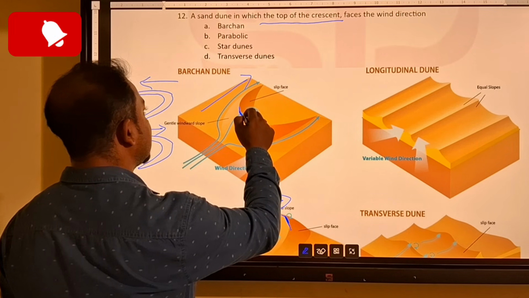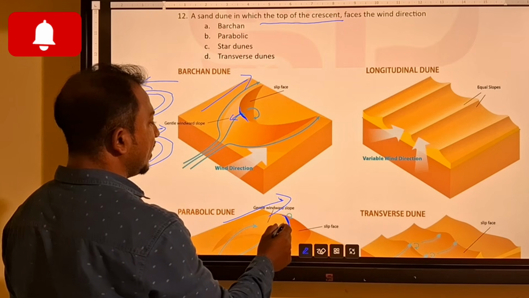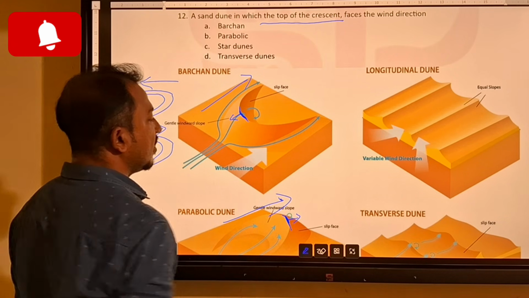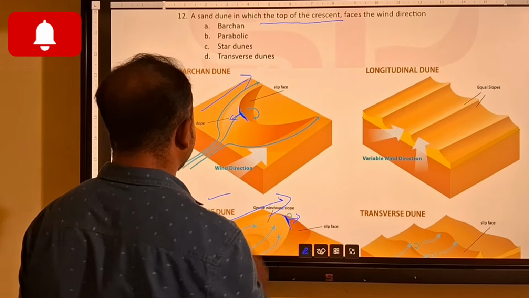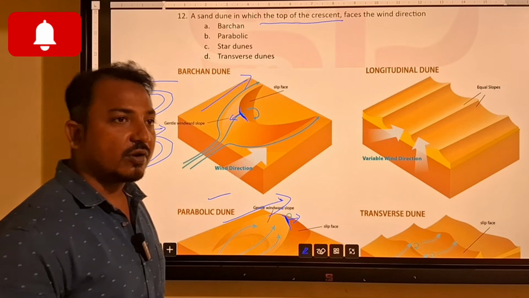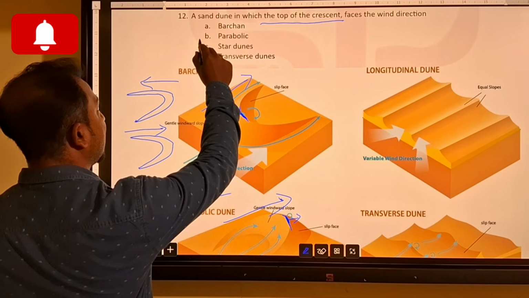So this is the top of the crescent: here it is opposite to the wind direction, and this is towards the wind direction, the parabolic dune. So the answer will be the parabolic dune.